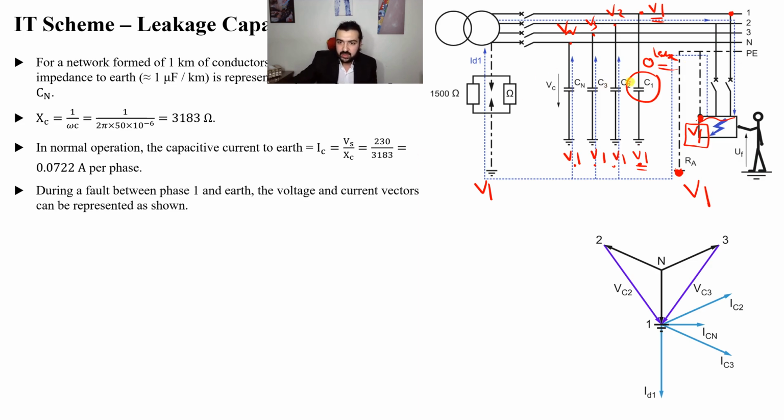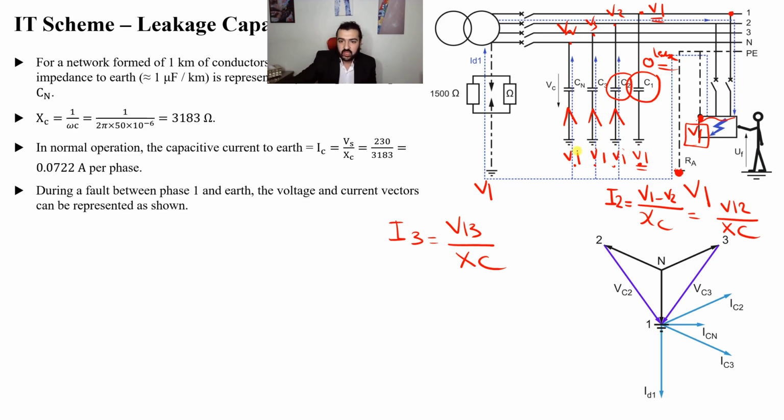Now for the second capacitor, we have a leakage current I2, which will be V1 minus V2 divided by XC. V1 minus V2 is simply V12, so I2 is V12 divided by XC. Similarly, for the third capacitor, V1 minus V3, I3 is V13 divided by XC.